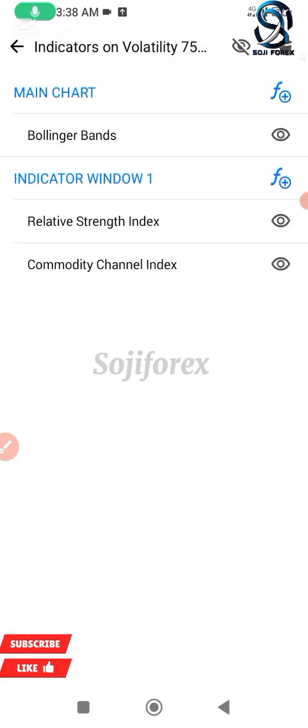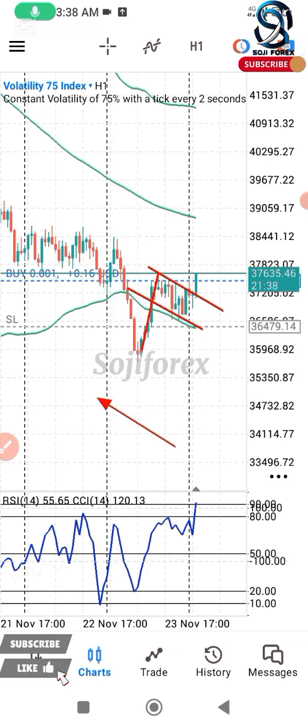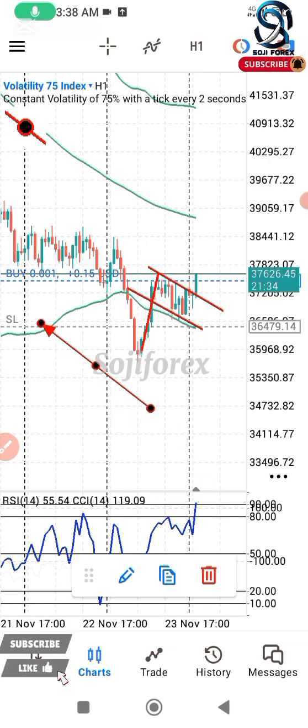Looking at my chart carefully, you realize that this is our lower Bollinger Band, middle Bollinger Band, and upper Bollinger Band. Previously, we've discussed the general concept of what the Bollinger Band is all about.